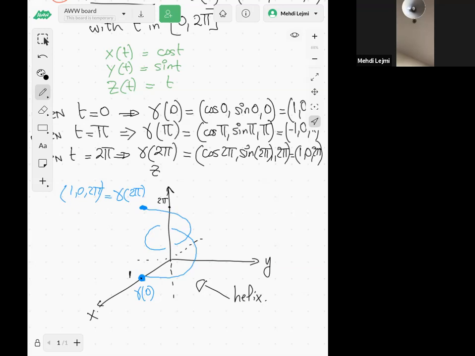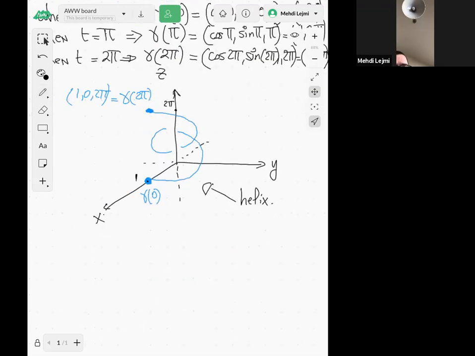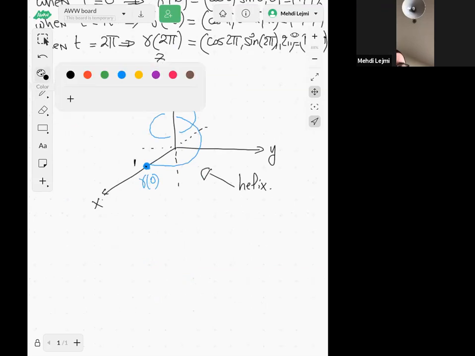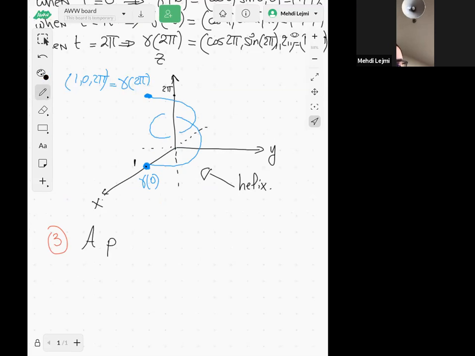But of course, you can also have a path or a curve in the plane, right? A planar path. So let me just finish these examples with another remark. Example number 3: a path or a curve in the plane. Well, in the plane, you're going to have just 2 coordinates, x and y.